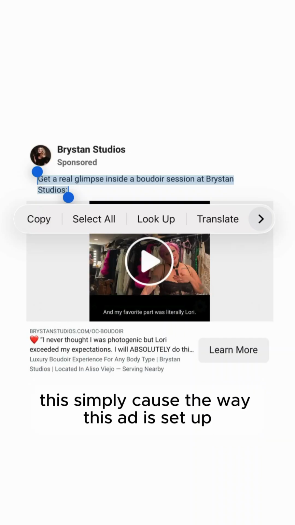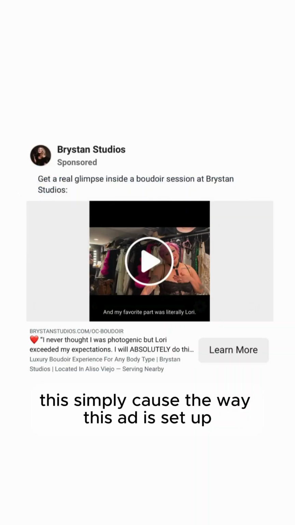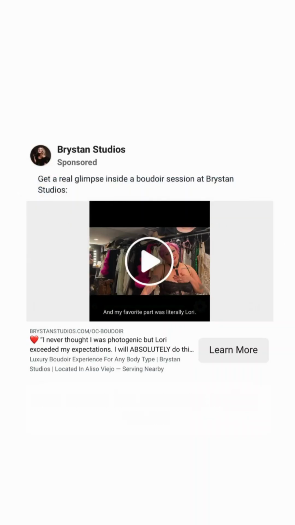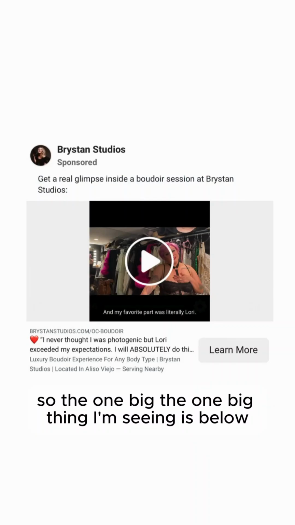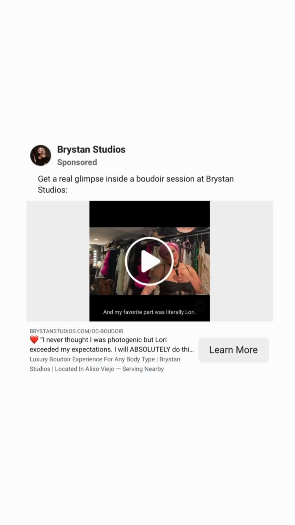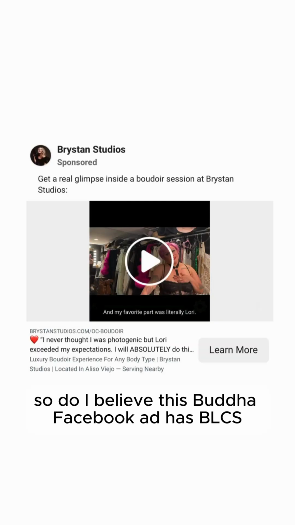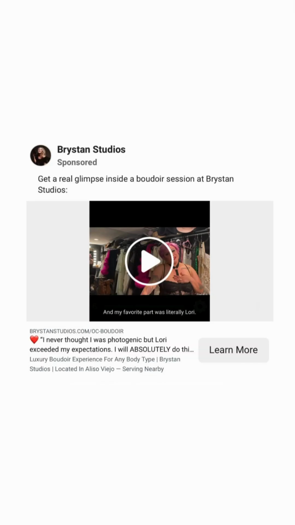This is simply because of the way this ad is set up and what it's actually trying to do. So the one big thing I'm seeing is the below creative cluster mistake. So, do I believe this Boudoir Facebook ad has BLCS, Boudoir low-click syndrome, aka its unique CTR is under 6%?